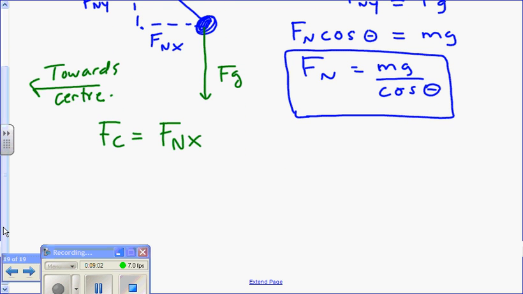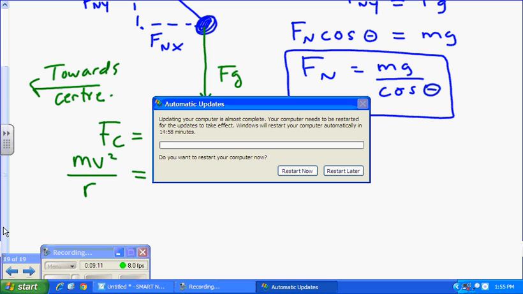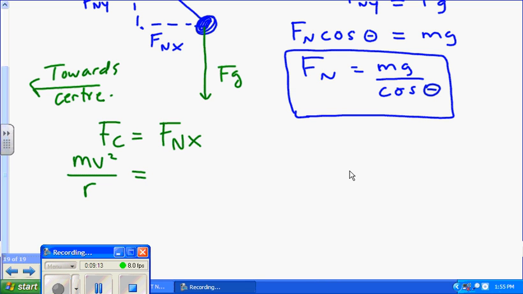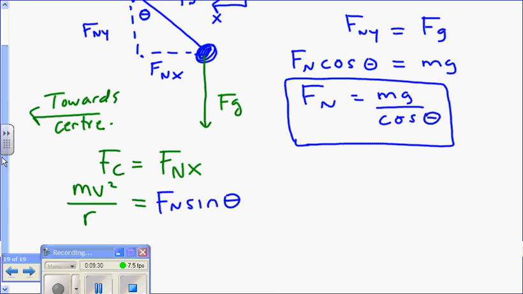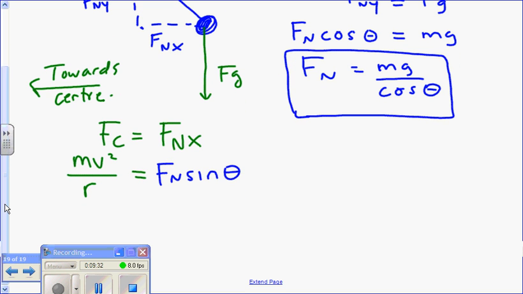That being true, whatever you call Fc, I'm going to call it mv squared over r, but there are other forms of it, is equal to Fn in the x direction, which would be Fn this time sine theta, because it is opposite my angle. If you look back to the triangle, Fnx is opposite the angle, so it's sine.